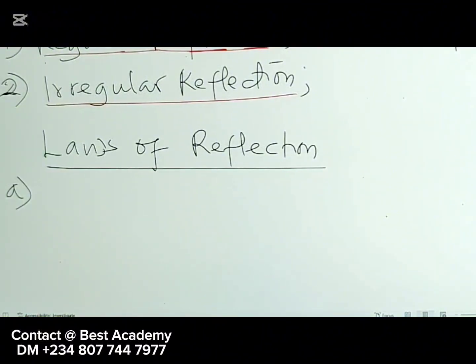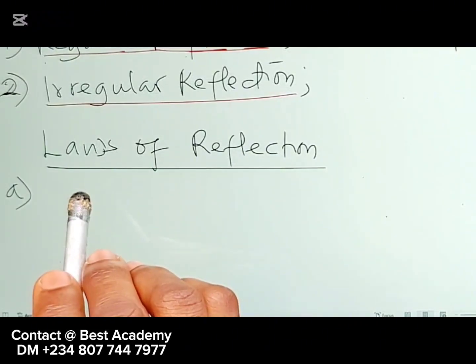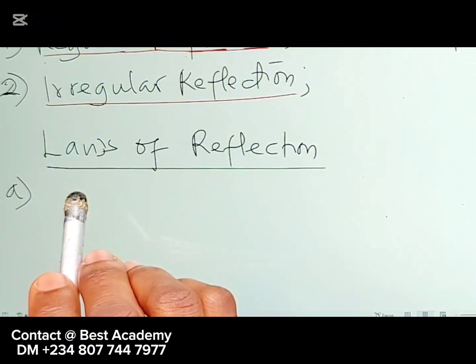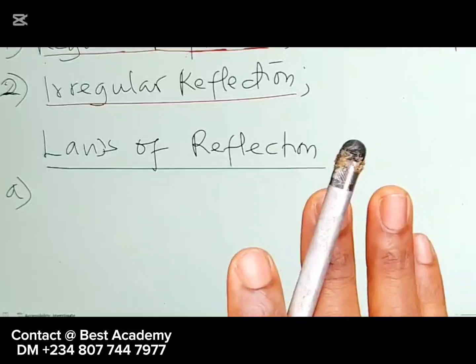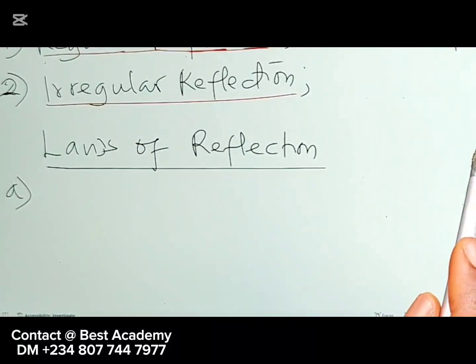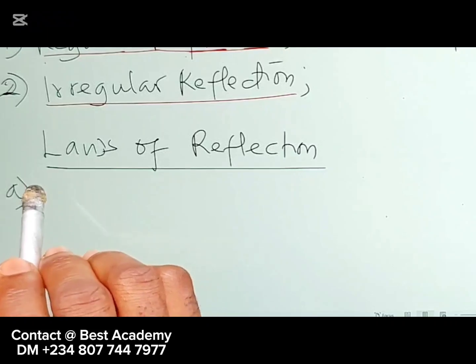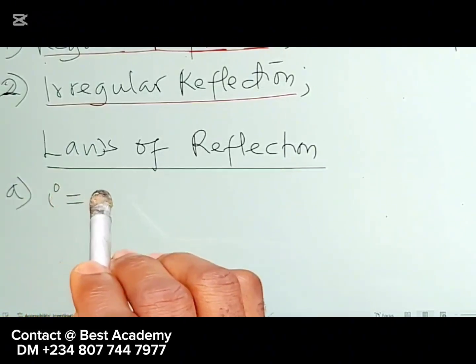We are going to know what the incident ray is, what the incident angle is, what the reflected ray is, and what the reflection angle is. But here we are considering the laws of reflection, and the first one tells us that the angle of incidence is equal to the angle of reflection.